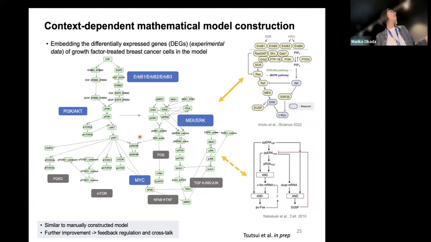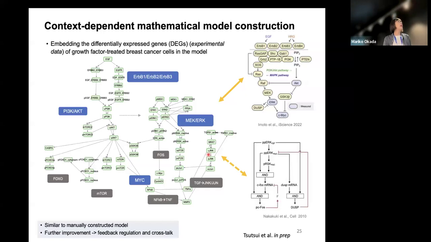So this is the ErbB receptor again, which we used in the earlier analysis. This network is fully manually created, but we see that the interactions and the network around here are well captured by this method.